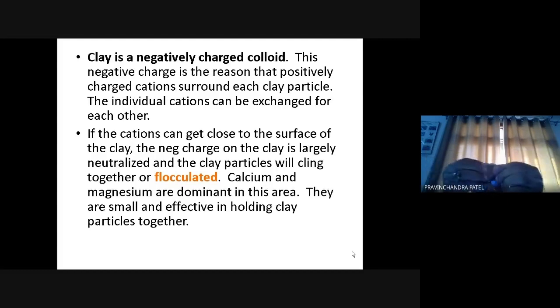So for improvement of that soil, we add gypsum, meaning calcium sulfate dihydrate. So the reaction takes place and sodium clay goes into the soil solution and is converted into calcium clay, and sodium reacts with the sulfate to form sodium sulfate.